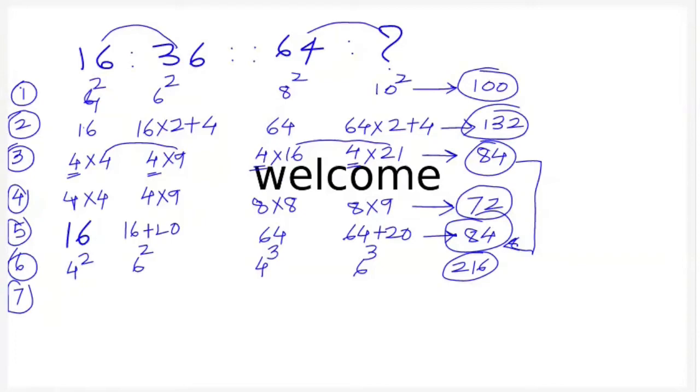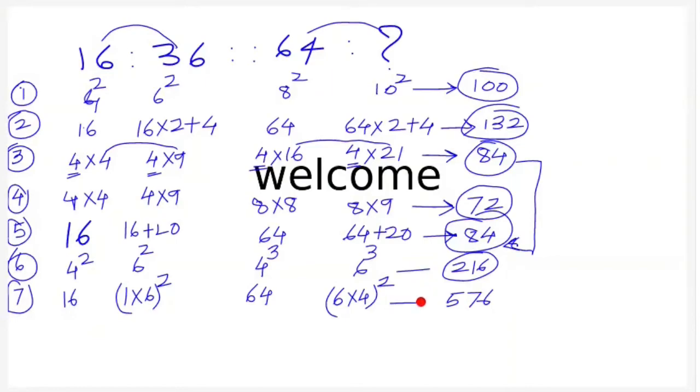16 is to 36. I can say 16, 1 into 6. What is 1 into 6? It is 6. And 6 square is 36. So 64. 6 into 4 is 24. 24 square is 576.